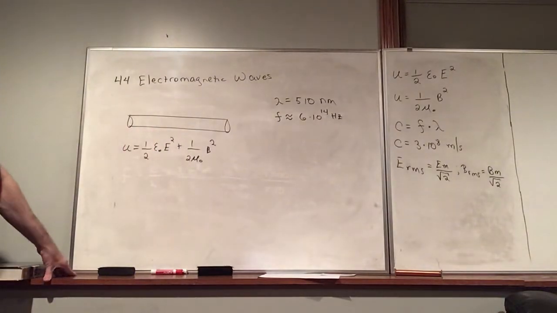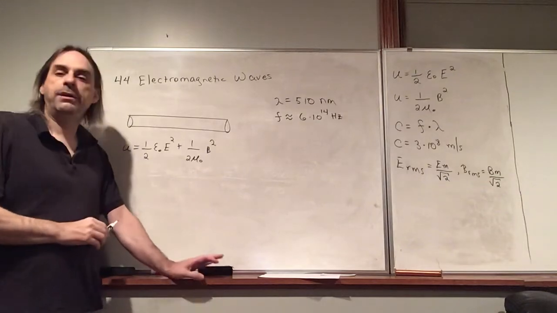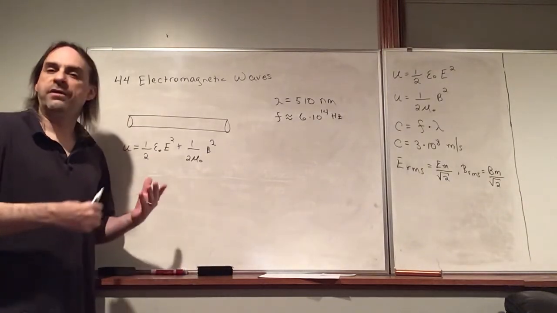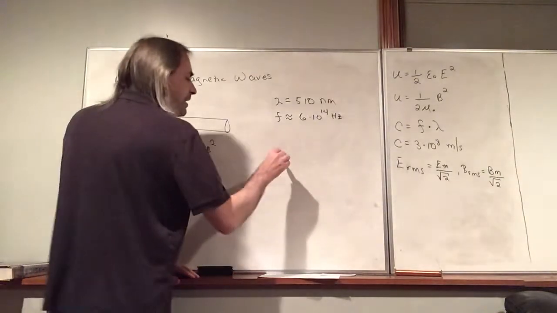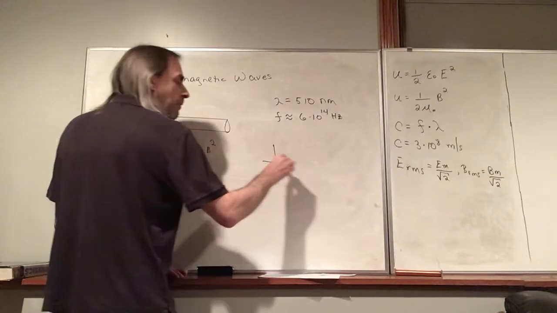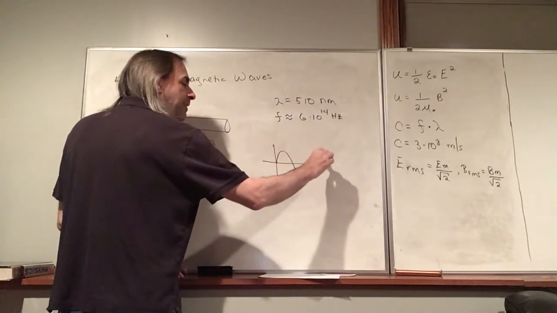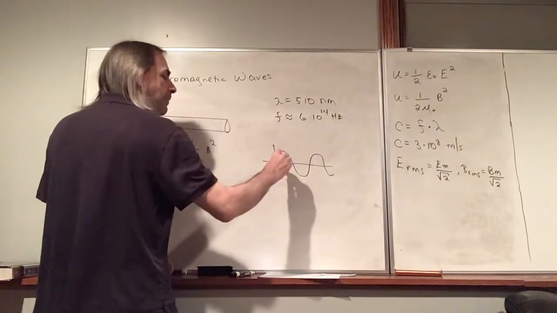Now, we're going to make an assumption, a perfectly reasonable one, that because it's oscillating, these electric and magnetic fields, remember the graph, they overlap. They have the exact same frequency. They're both 0 at the same time, and they both reach their peak values at the same time.